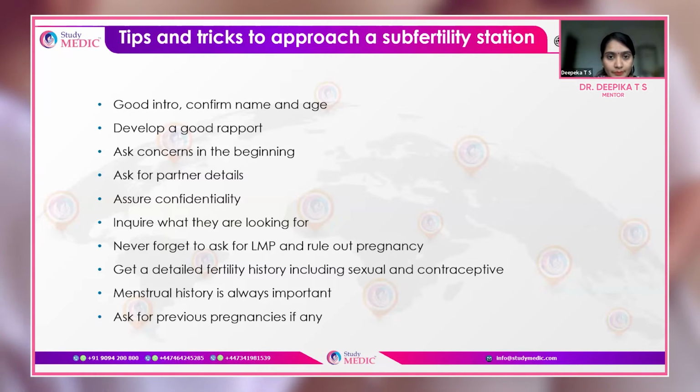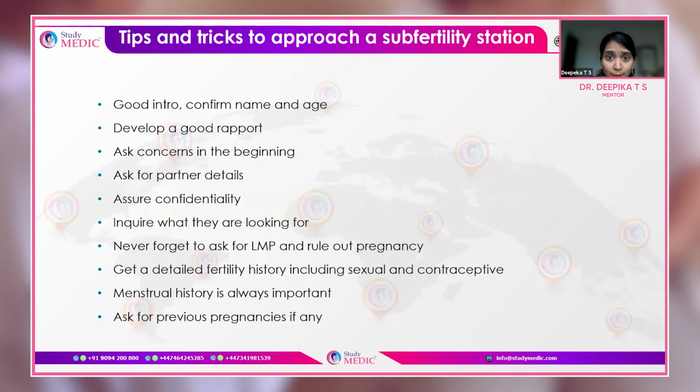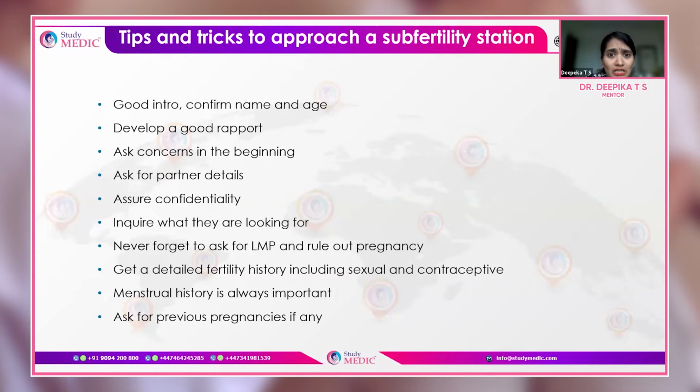Assure confidentiality always, because subfertility is a condition where they have some hidden issues which they may not open up about. There could be some sexual dysfunction, or they may have some difficulties, like they may be socially withdrawn, and there could be some depression.